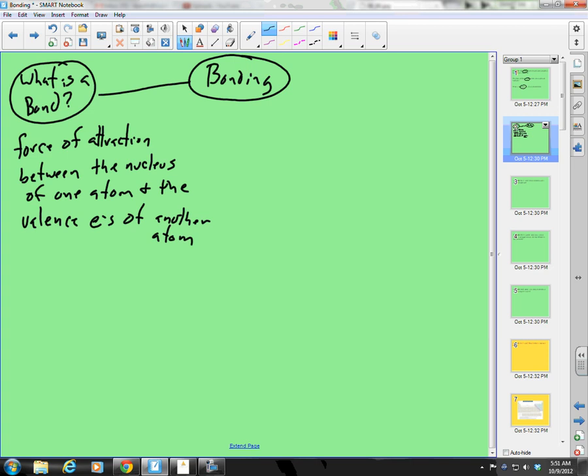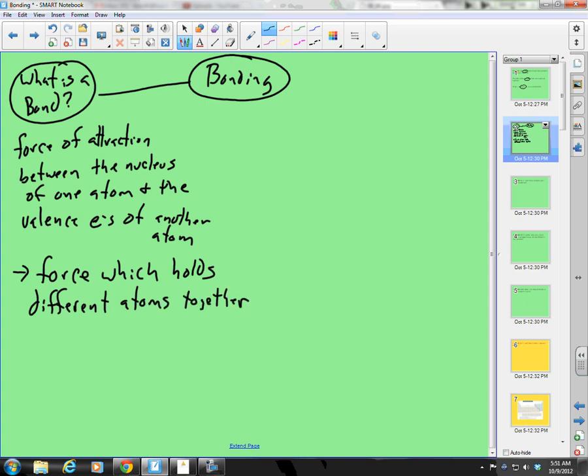So that means we're talking about something that holds different atoms together. Okay, so if we wanted to simplify this, we could say it is a force which holds different atoms together.